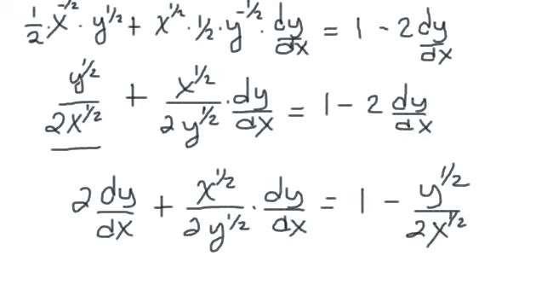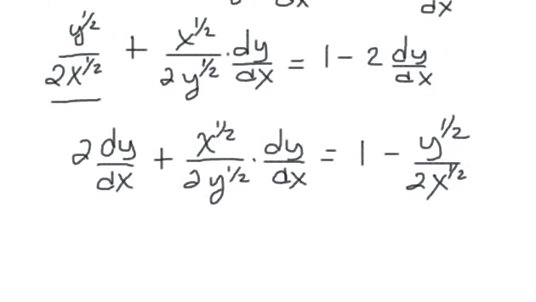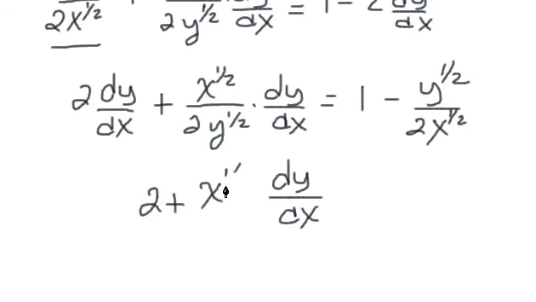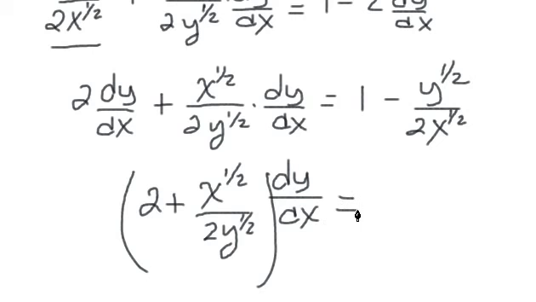Okay, hang in there. I'm going to now factor out this dy over dx, and so we're going to be left with 2 plus x to the half over 2y to the half, is equal to 1 minus y to the half over 2x to the half.